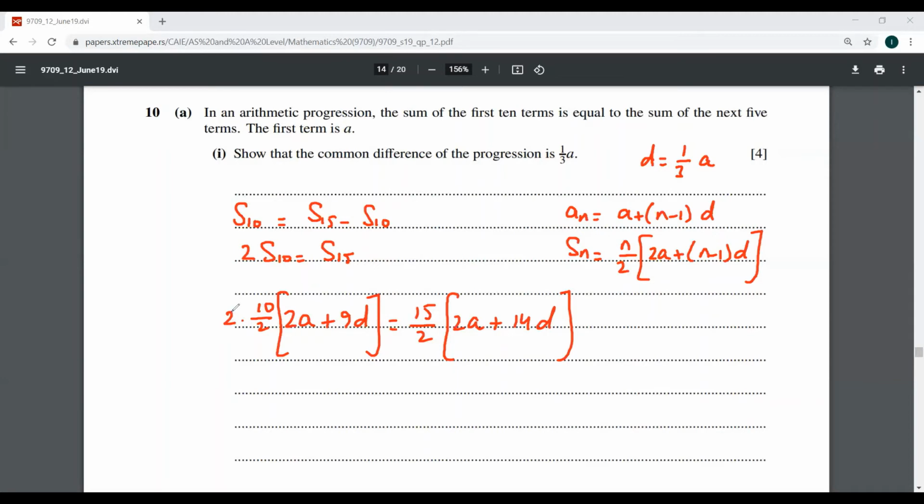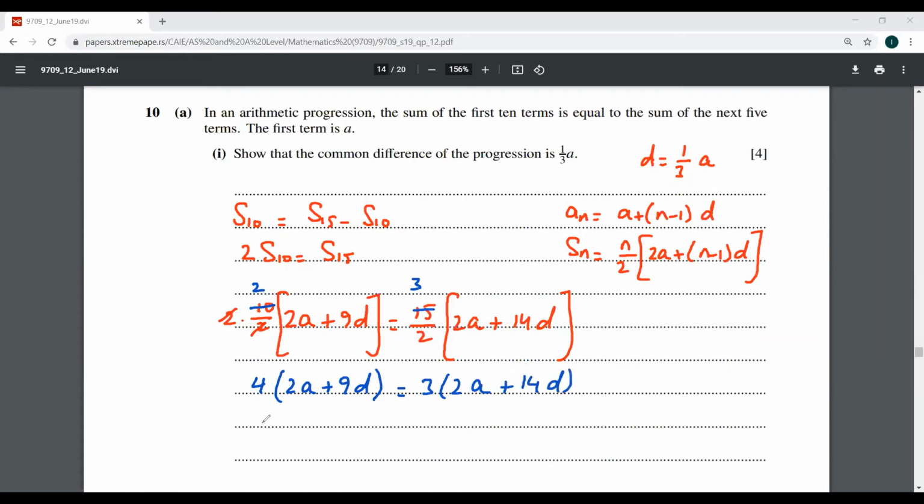I can cancel this 2 with this 2, and then I can say that this 5 2 times is 10 and 5 3 times is 15. Okay, so we have this 2 into 2 will give us 4. So 4 into 2a plus 9d, that is 3 into 2a plus 14d.